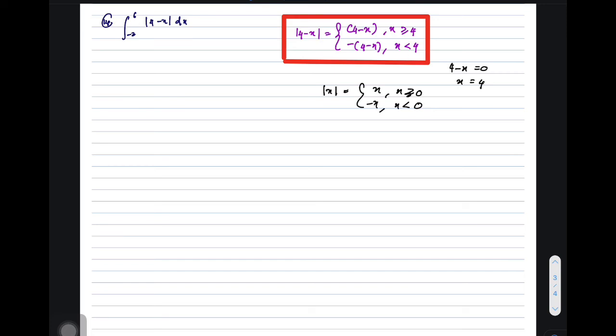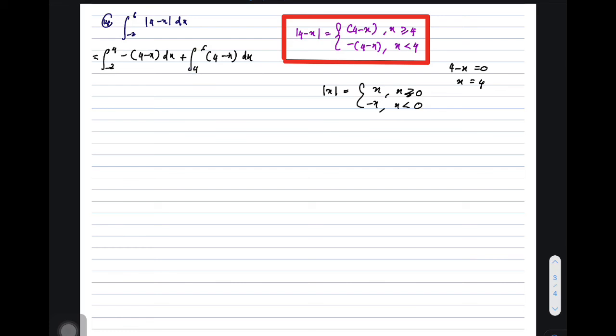Now what we have to do? The first limit is from negative 2 until 4, and it is equivalent to negative of 4 minus x dx plus 4 until 6 of 4 minus x dx. As you can see, when it is negative 2 until 4, it is considered as less than 4, so we need to substitute with negative of 4 minus x.